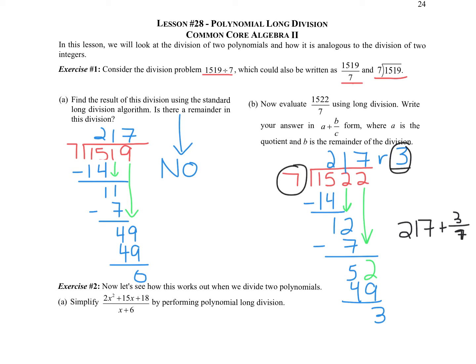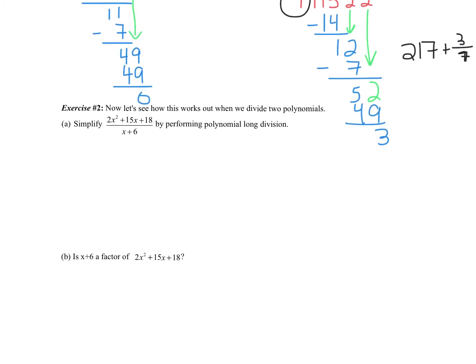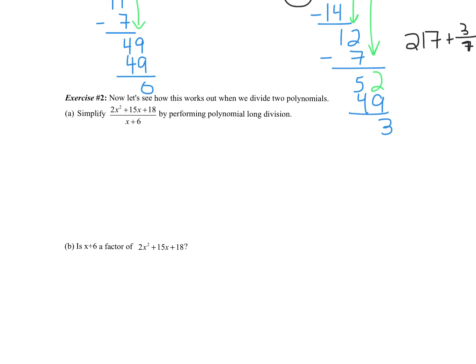Now this is a little weird. Usually if you were younger, if you were in elementary school doing this for the first time, you'd write 217 and 3/7. That plus sign is something we have to include with the polynomial long division, so that's why we're getting used to it here. So let's look at our first problem where we have variables, where we have polynomials.